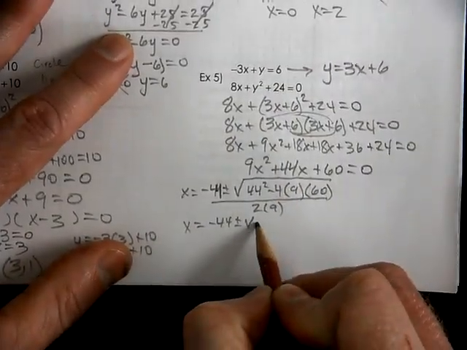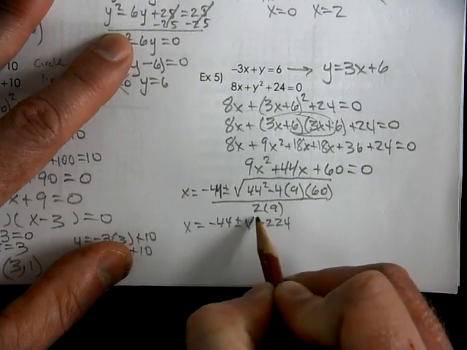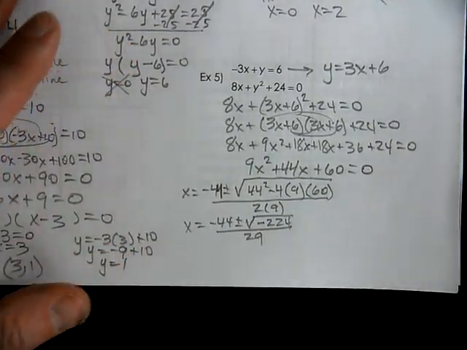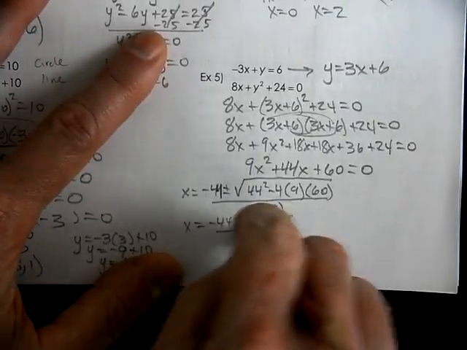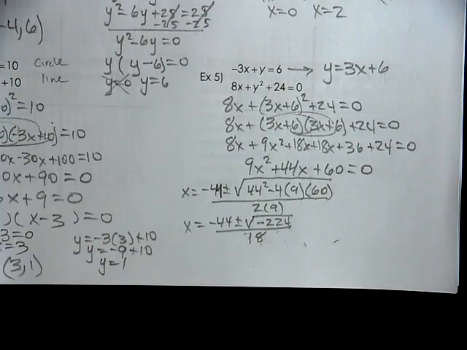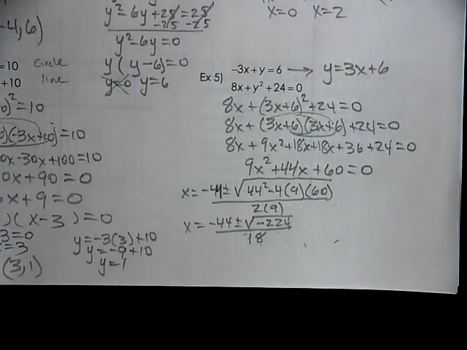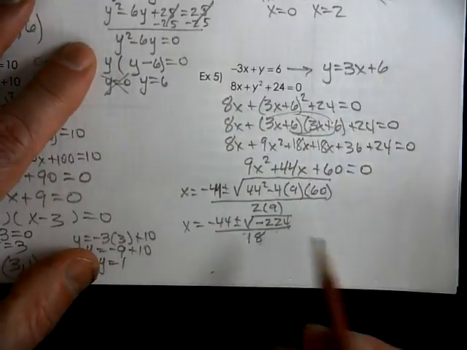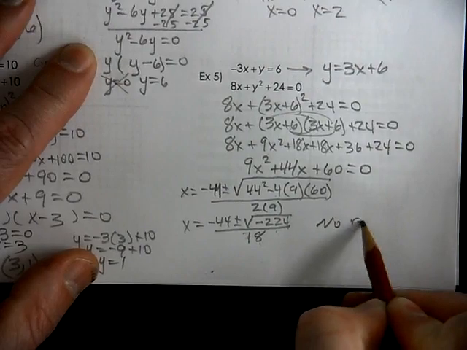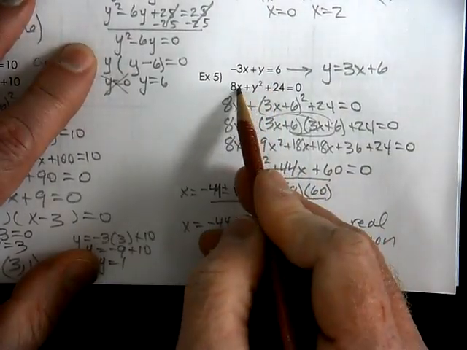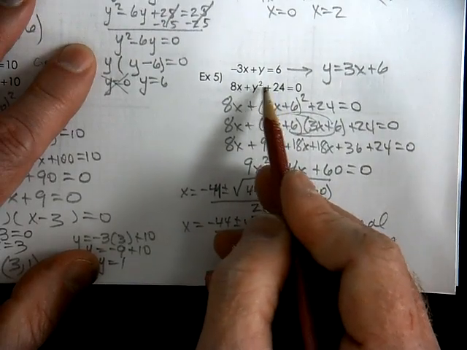So I have a negative value inside my square root. What does that tell me? You're going to have an i. You're going to have an imaginary solution. You're not going to have a real solution. No real solution.